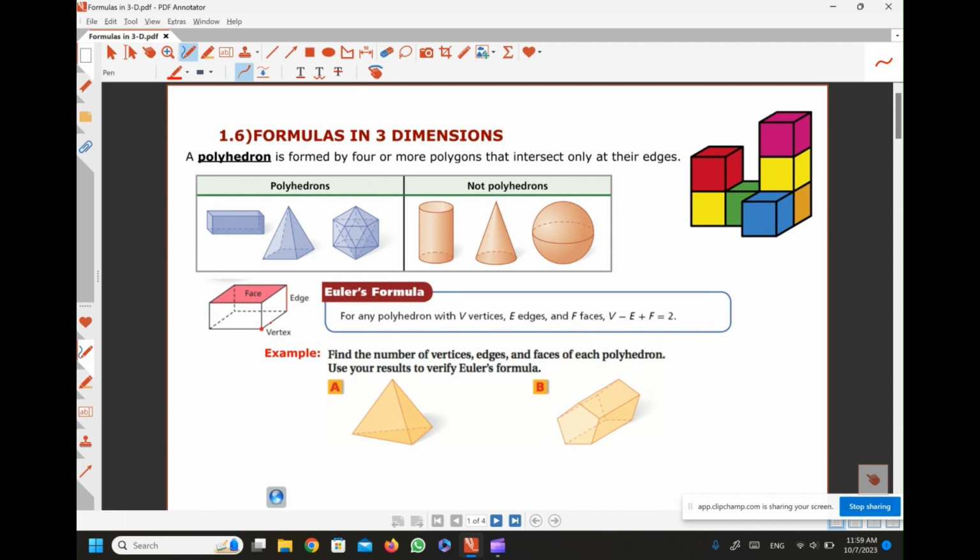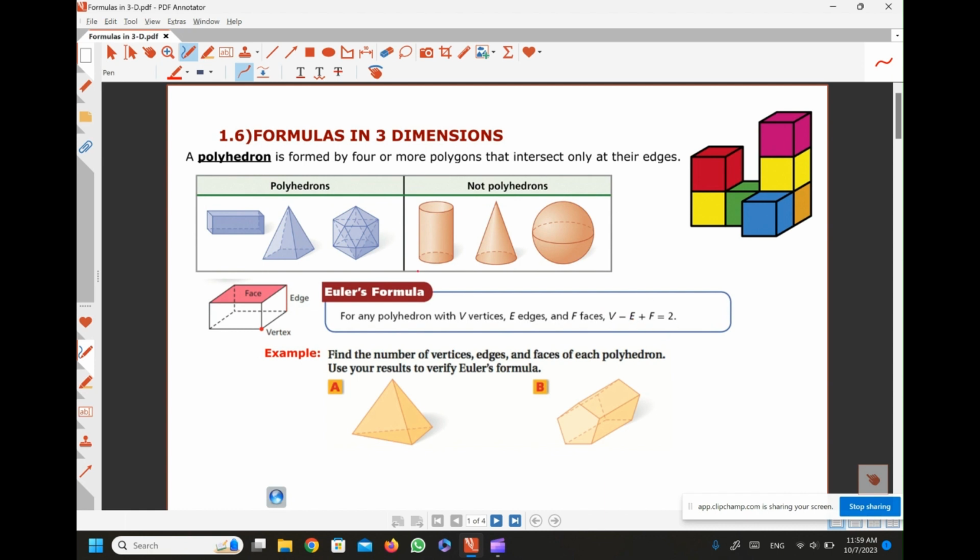And when we talk about three-dimensional figures, about their edges, vertices, and faces, we can talk about a formula, Euler's formula. The formula says you take any polyhedron, any solid that has flat faces, and it turns out that we are always going to get 2 when we add vertices to faces and subtract off the edges.